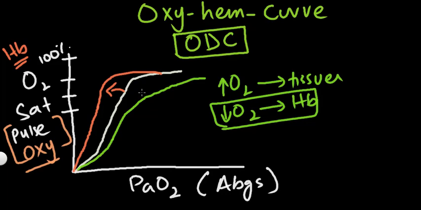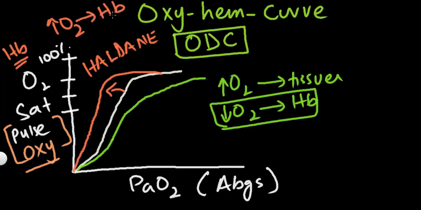Hence, when it reaches that point, it can be called the Haldane effect, where the oxygen affinity towards your hemoglobin is comparatively more than towards your tissues. Hence, less oxygen towards the tissues.